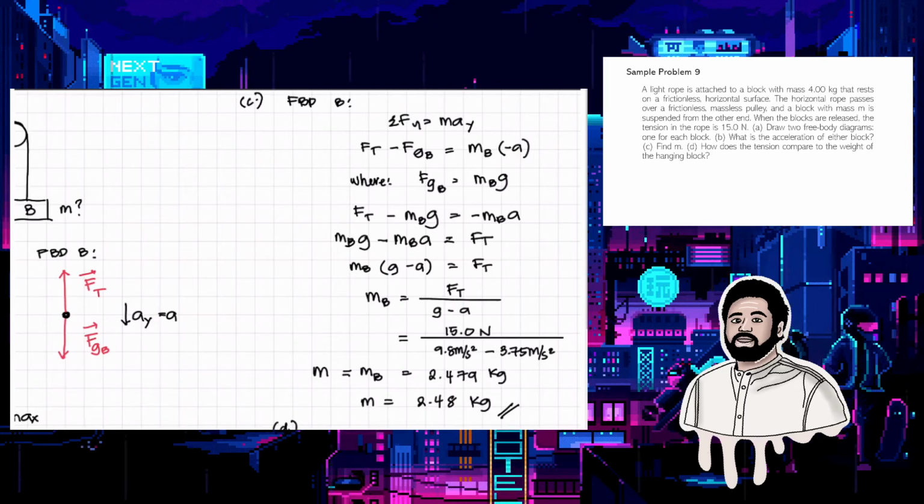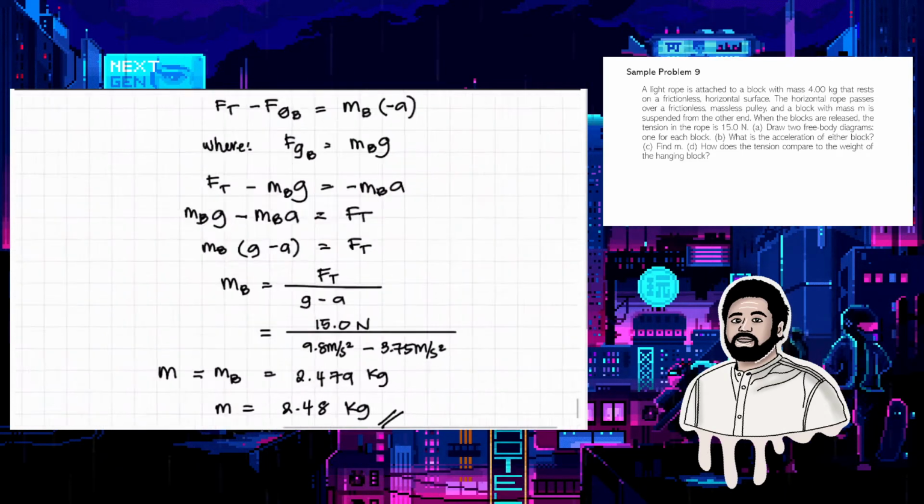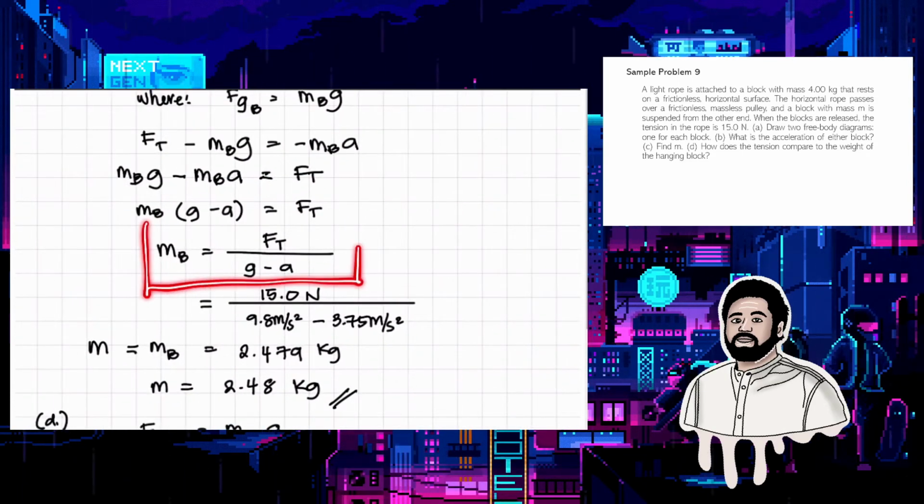So, solving for the pull of gravity or the weight of block B, FGB is equal to MBG. So, we now have FT minus MBG is equal to negative MBA. I want to get MB, so manipulating this equation, I will be left with this one.